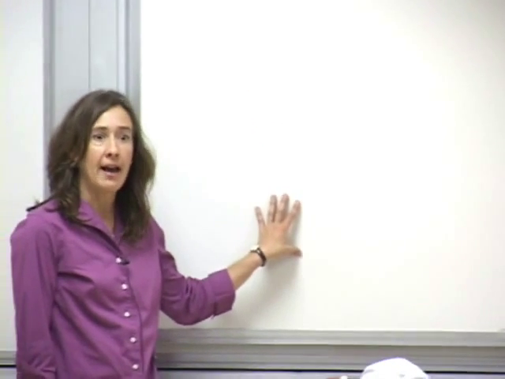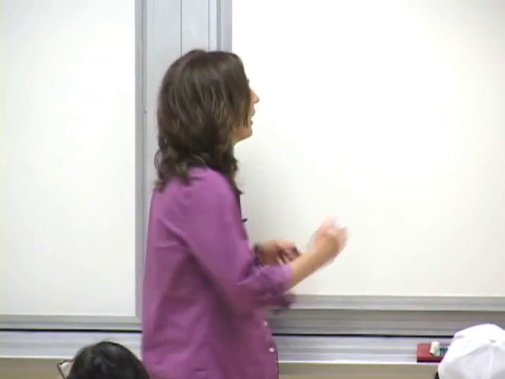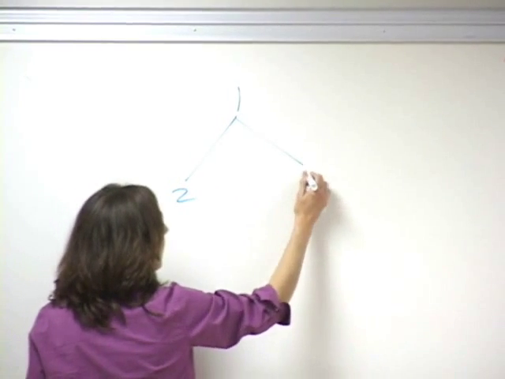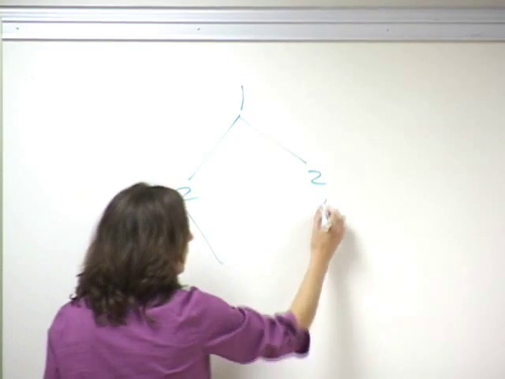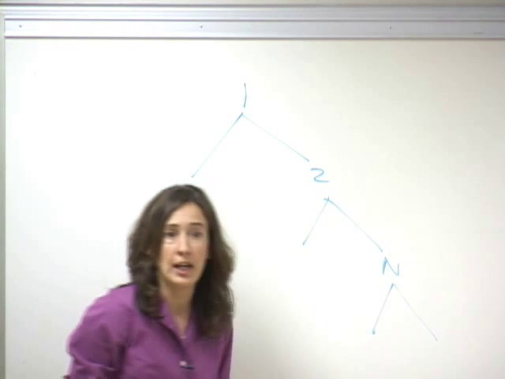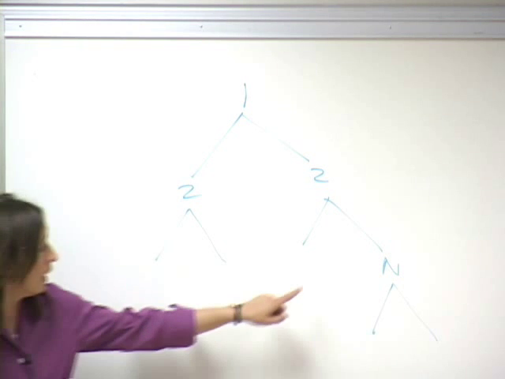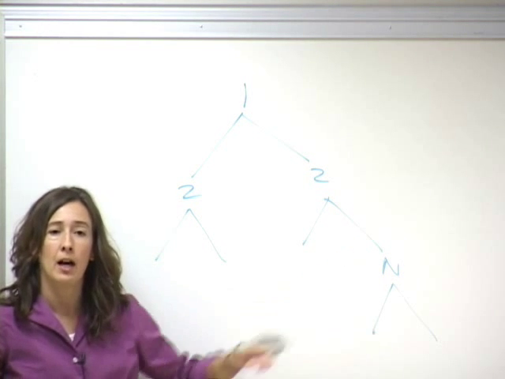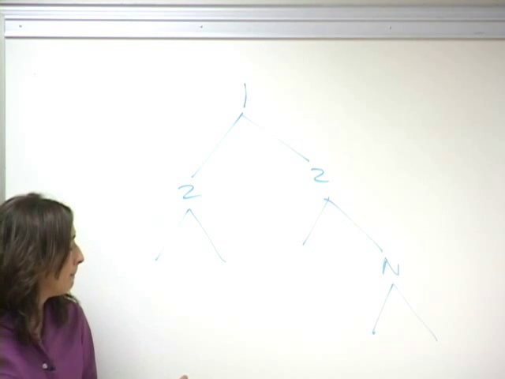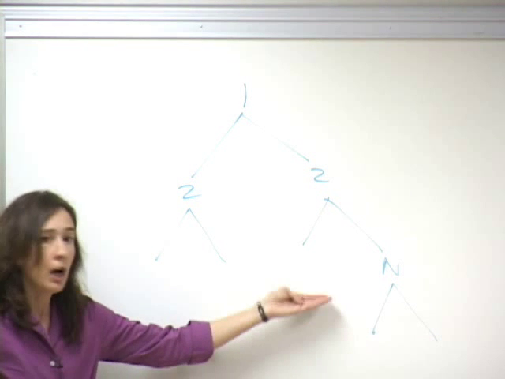When a nature node is the very last thing in a tree, let's just say I'm not going to draw the full thing, but I have player 1 moving, player 2 moving, and let's say that there's a nature node that's associated with just one of player 2's payoffs. Think about what's the first thing we do when we solve a sequential game.